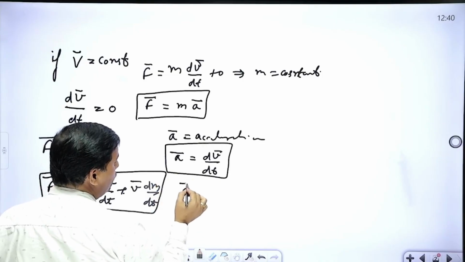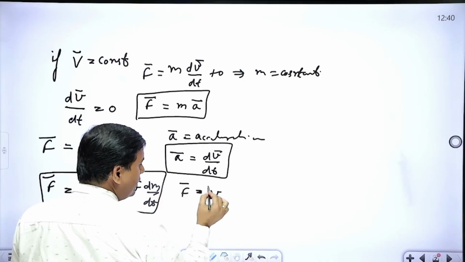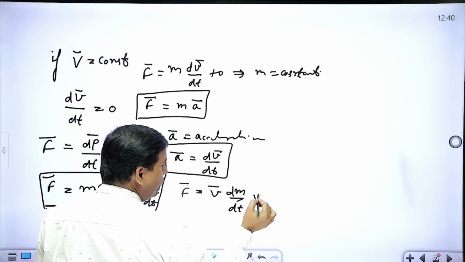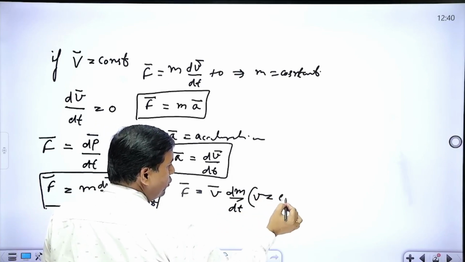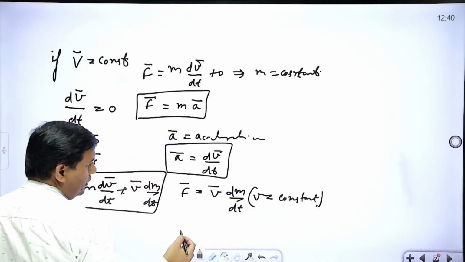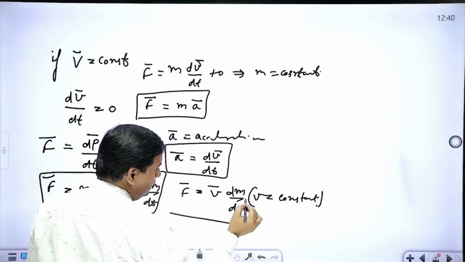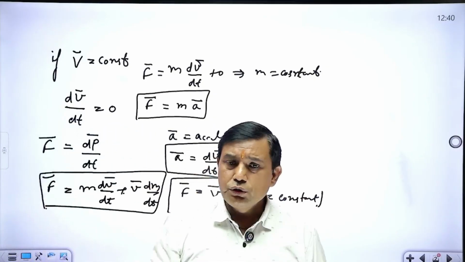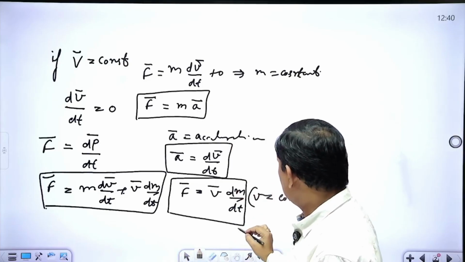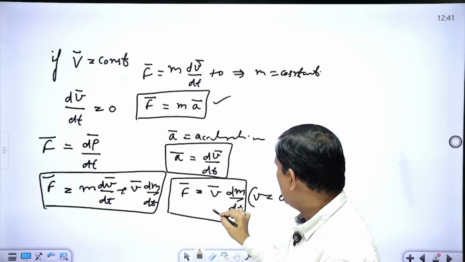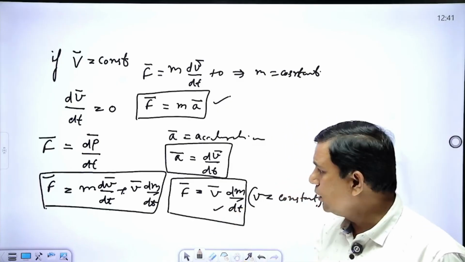F vector equals v vector dm upon dt, when velocity vector equals a constant. If mass is constant, then we use this formula. If velocity is constant and mass is changing, we use this formula.